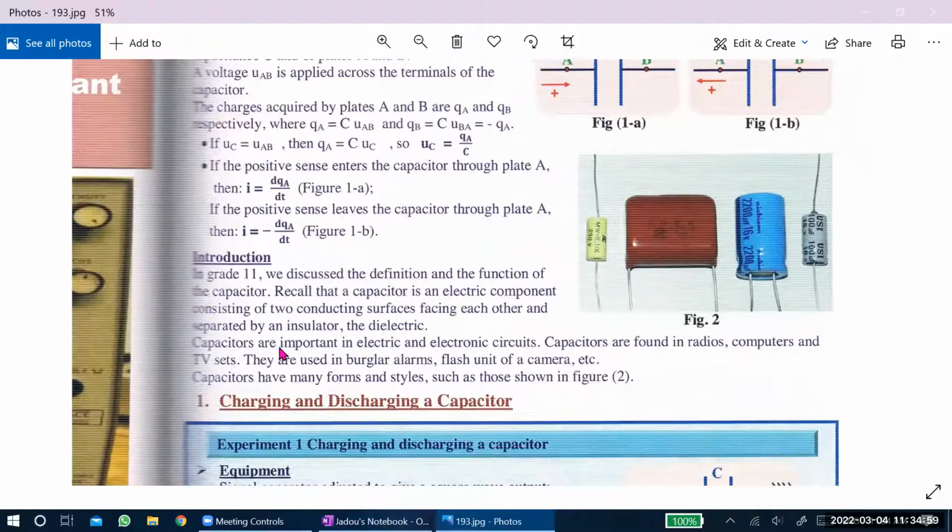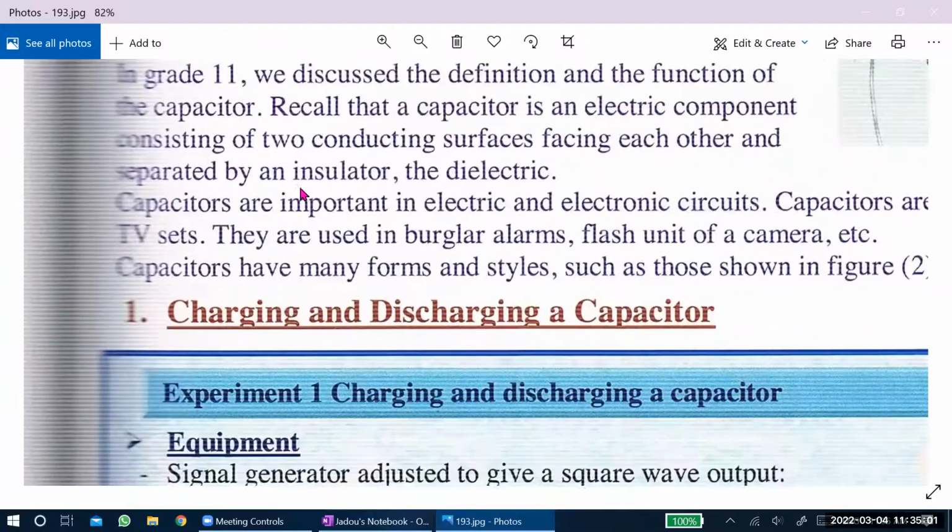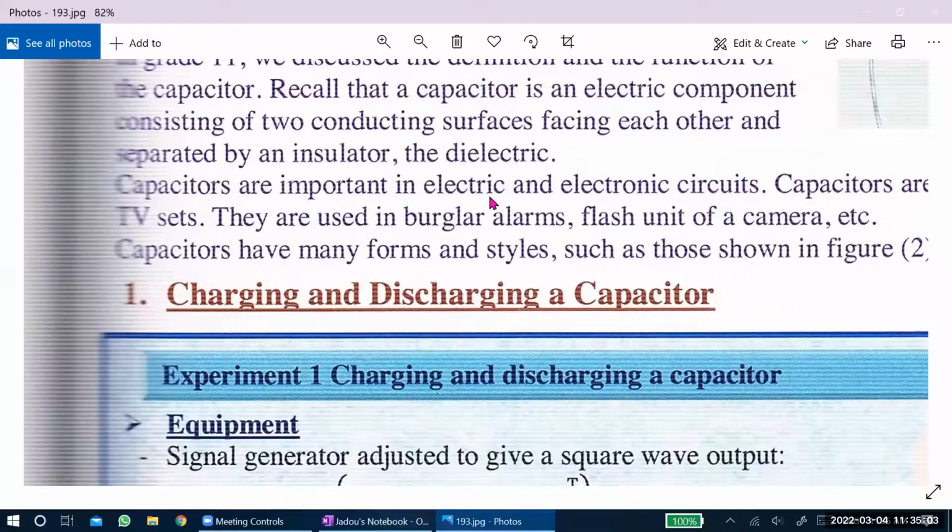Usually, if you go back to the previous year and check more details about the capacitor, you will see, as you can see here, that the capacitor is an electric component consisting of two conducting surfaces facing each other and separated by an insulator.